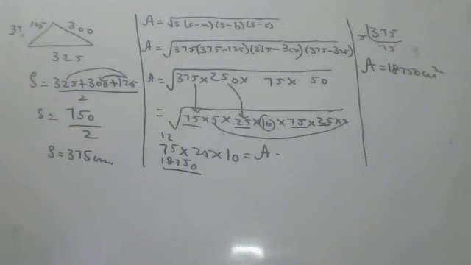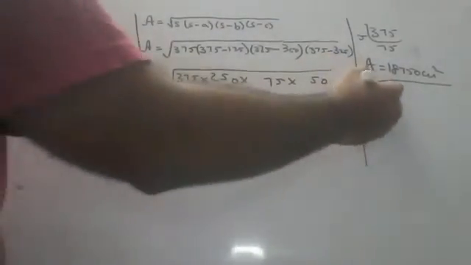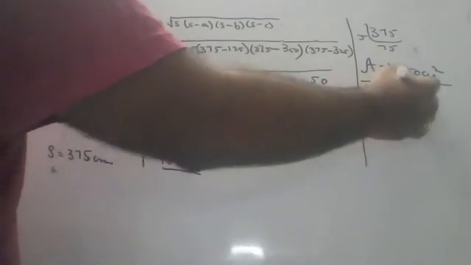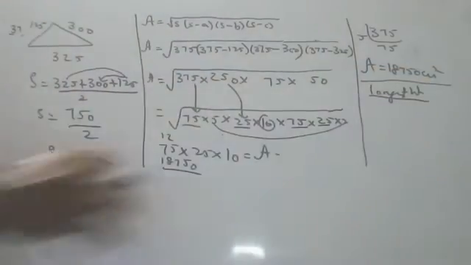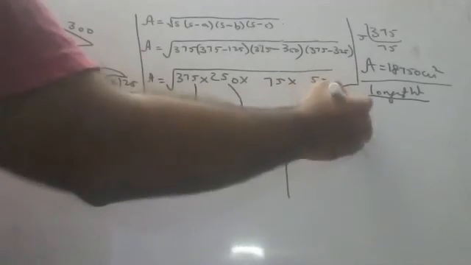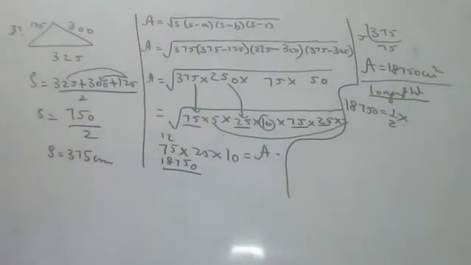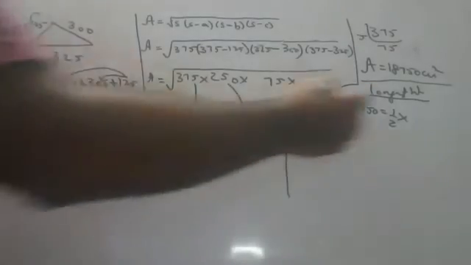Now I want the substitution for the longest height and shortest height. First, Raghuram will help for the longest height. 18750 is equal to half into base into height.